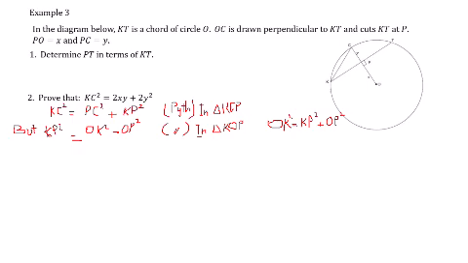Now we move this KP to the other side by making it the subject of the formula. So we said KP squared, and then this OP went to the other side. So OK squared minus OP squared is your KP squared.